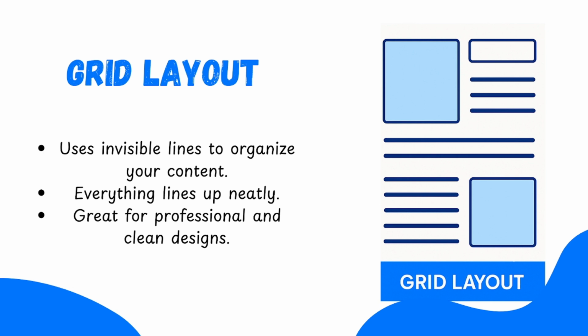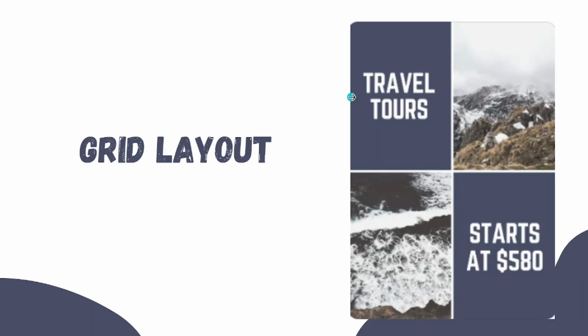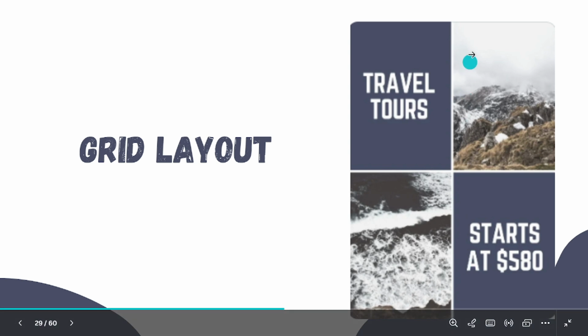So in designing, sometimes you put up what we know as guides, which help you in designing and in placing some of your elements. Now let's look at this. This is one of the examples of how grid layouts look. You can place an invisible line right here and here, and then place your picture.